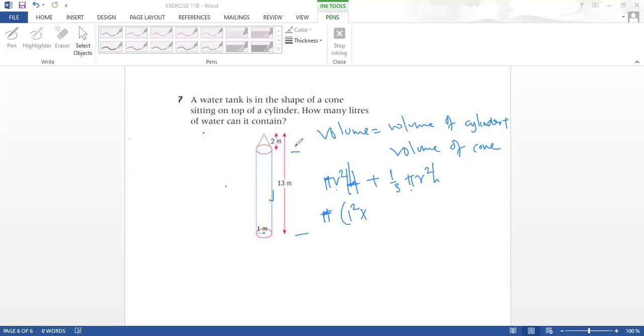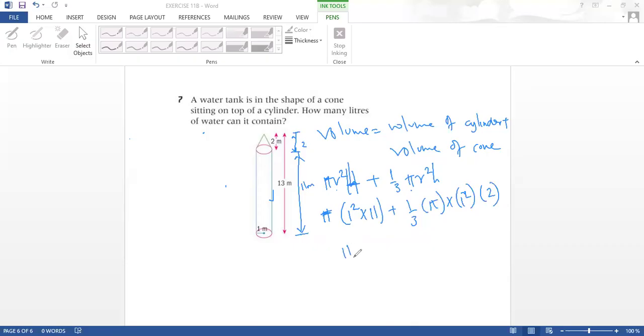from here to here. So from here to up here is 13, but from here to here is 2. So we are going to subtract. Ideally, for you to reach 13 and you already covered 2, you will need 11. So 1 squared times 11, then plus 1/3 times pi times r squared again, 1 squared times the height of the cone, which is 2.